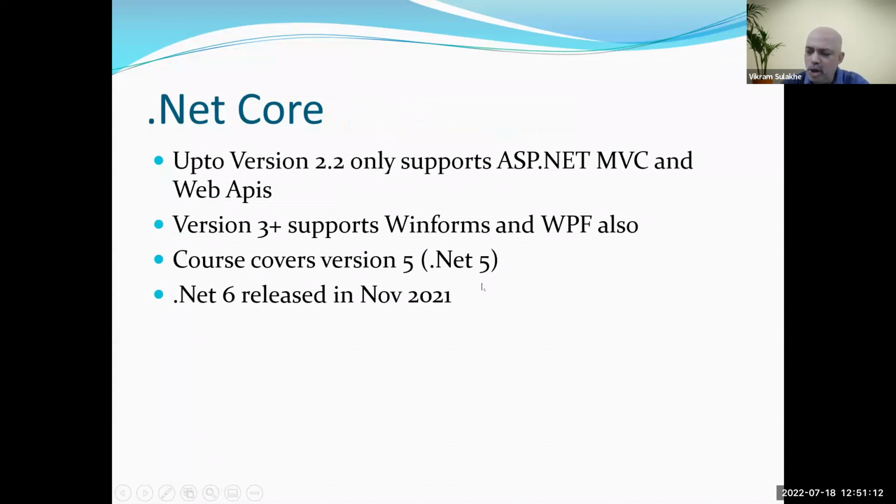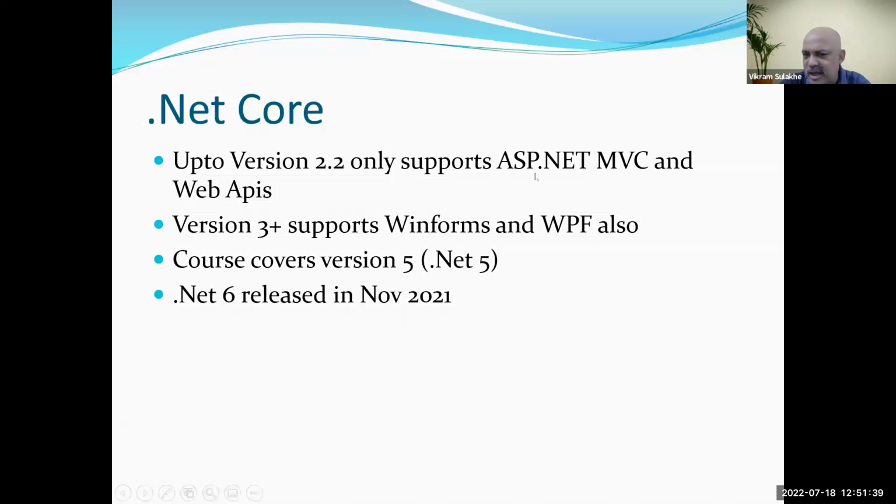All right. Talking about .NET Core, each one has its own journey. There are different versions in each one. So .NET Framework has its own versions, Mono has its own versions, and .NET Core has its own versions. Up to version 2.2 of .NET Core, you didn't have too many project options available.